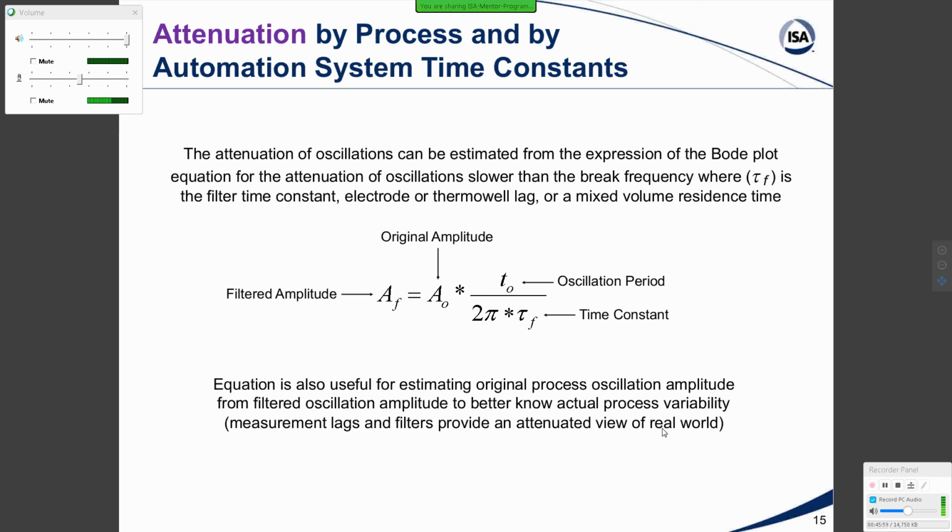And it's also useful for understanding how volumes attenuate variability. We have to realize that for measurement lags and filters, we're providing a very attenuated view of the real world.